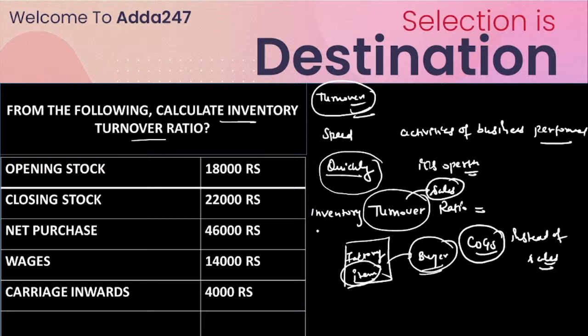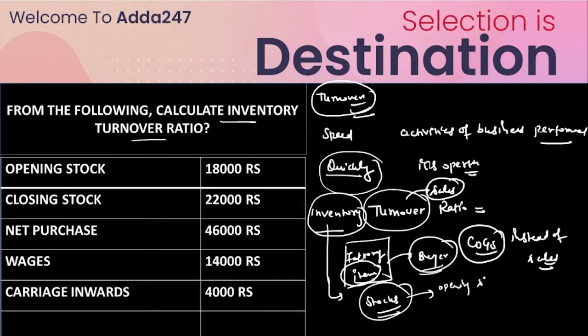While if I'm talking about the inventory, inventory is related to the stocks of the firm. In case of stocks, before purchasing new stock, there may already be some stock available in our factory, which is known as the opening stock.